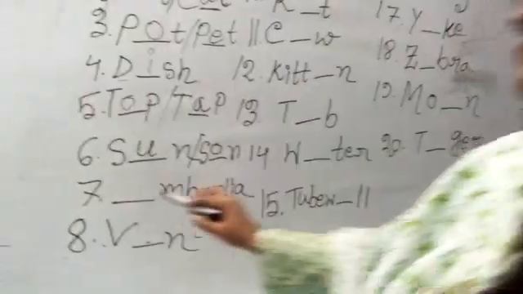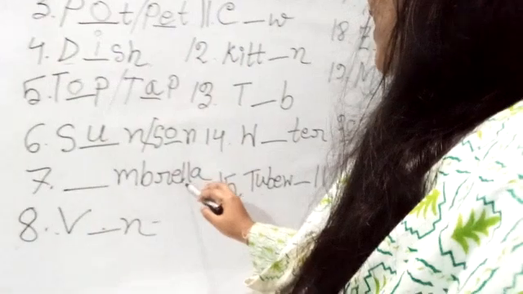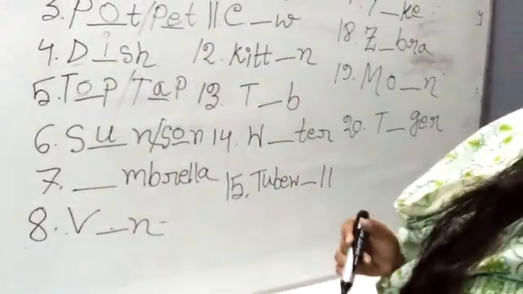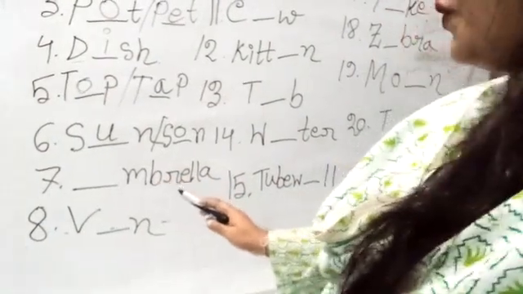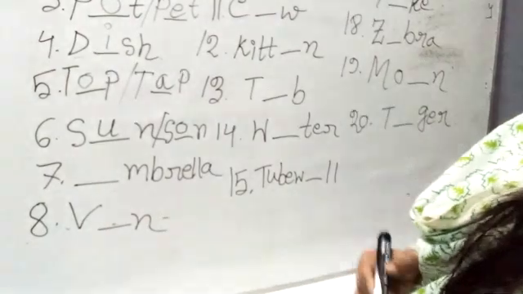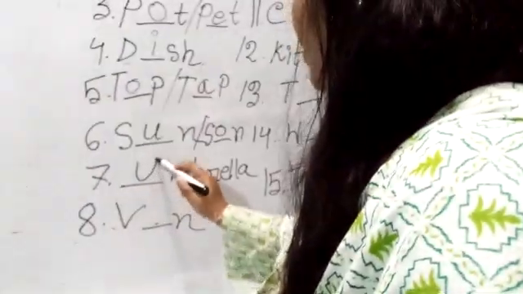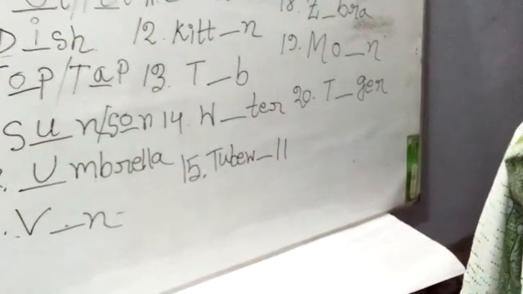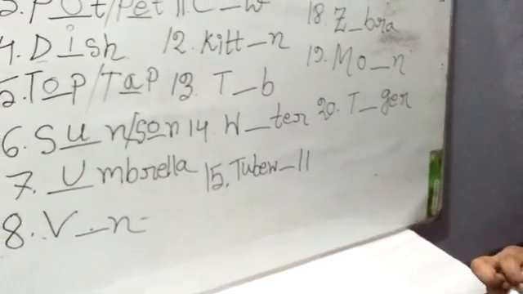Okay. Then dash M B R E L L A. Which of the vowels do you have to put here? E, no. I, no. A, no. But if I put U here, the vowel U, it becomes umbrella. Umbrella means a tool that is used for monsoon.